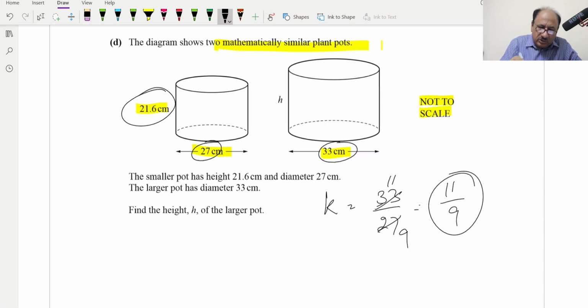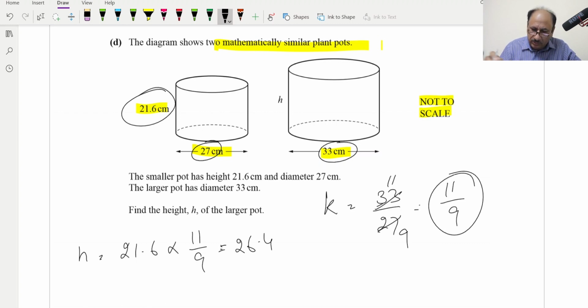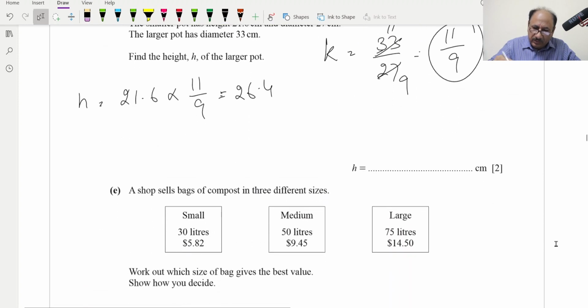We will multiply the height 21.6 by 11 over 9, and this will be equal to 26.4 centimeters. Hopefully you understood this question.